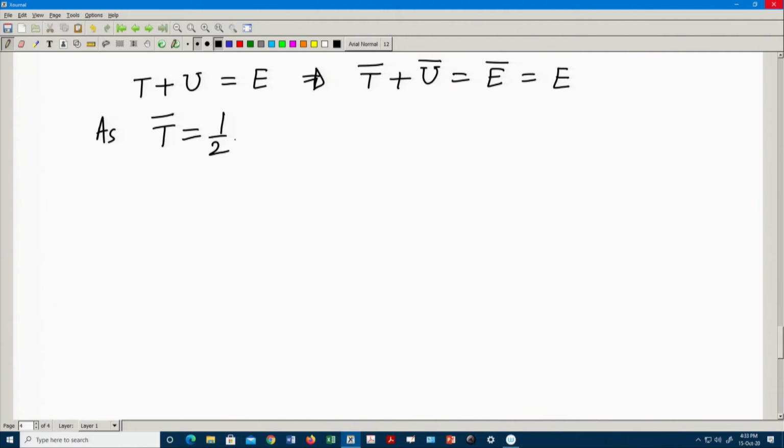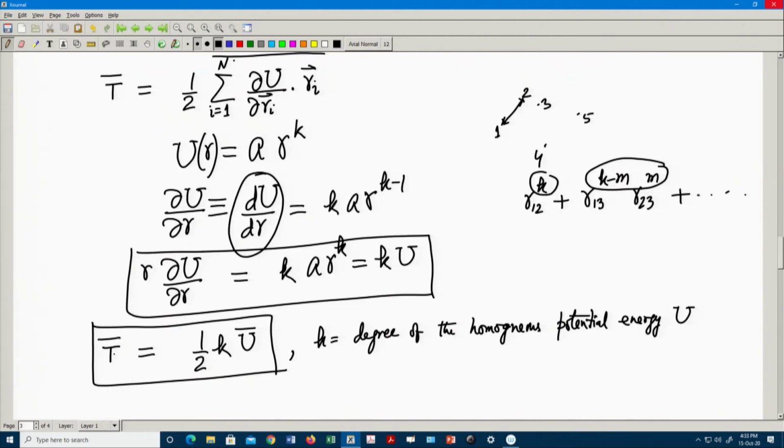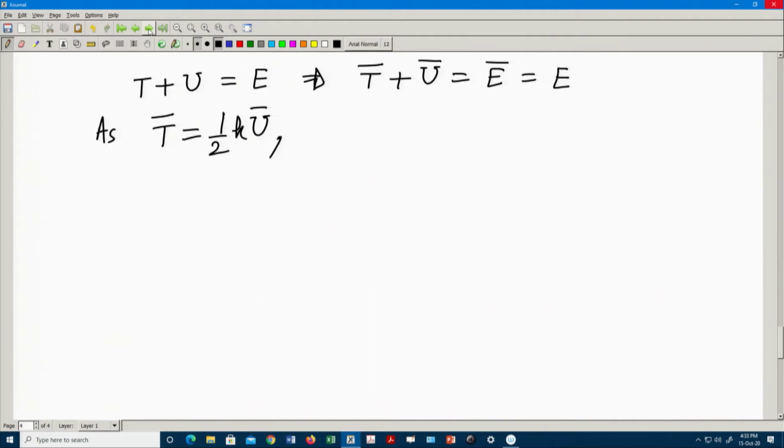Now, kinetic energy we already found out is half k average value of u. We just did it. The time average of kinetic energy is half k times the time average of potential energy. So, this is the part I am going to use here. So, half k u average equal to, right. So, this gives me, I multiplied throughout by 2.